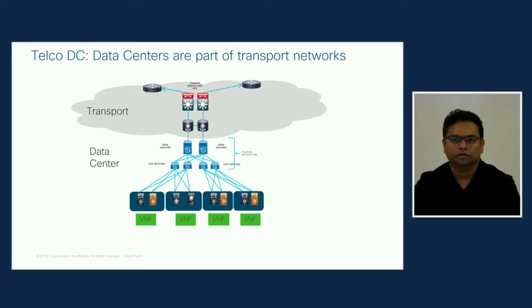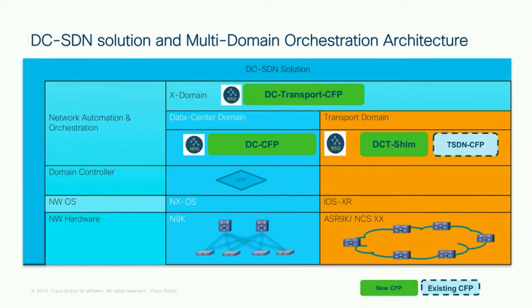So if you look at the traffic flowing in your transport network, it is making multiple hops along the data center networks and servers. So for a virtualized telco DC, your DC is at the center of your transport network. For these reasons, you need to look at both of these networks together and orchestrate them end to end. And that's what we aim to do with the DCSN core function pack.